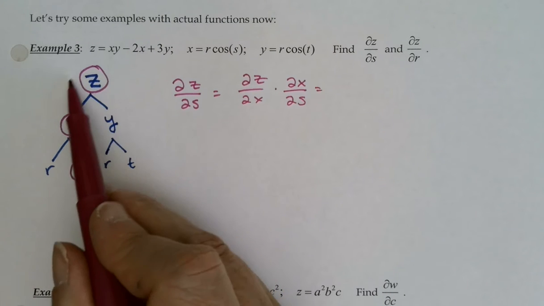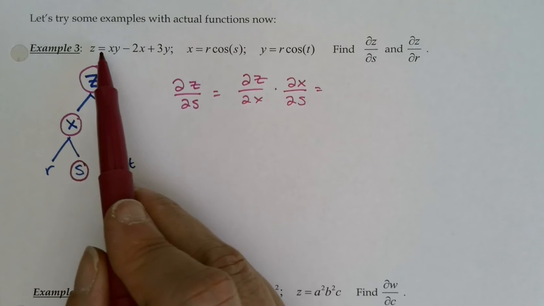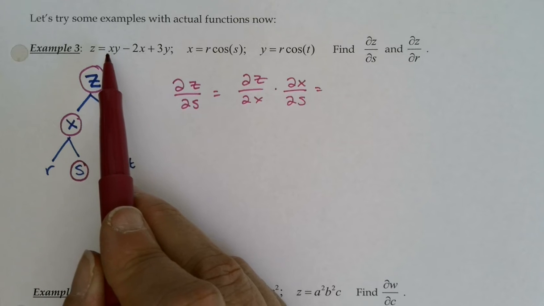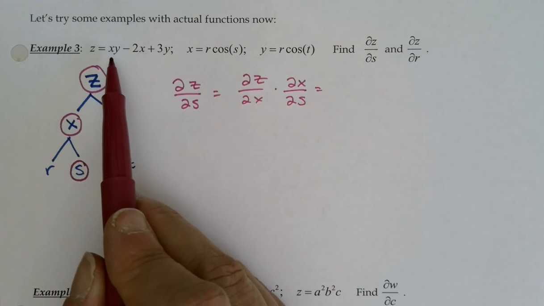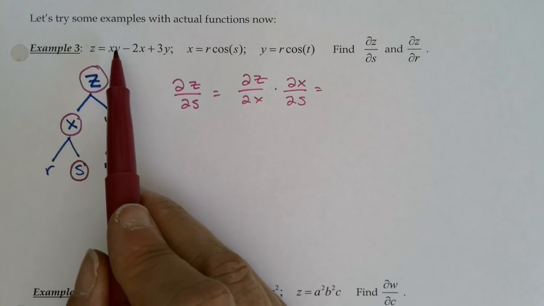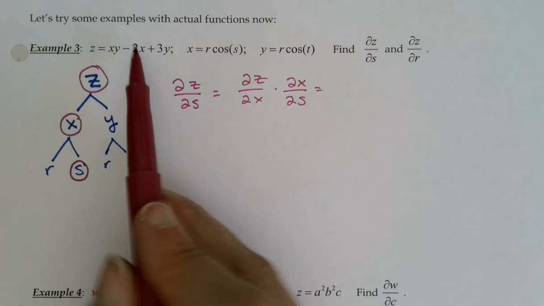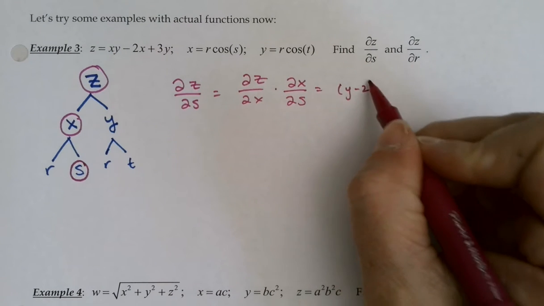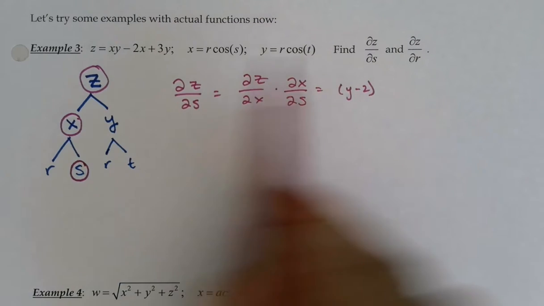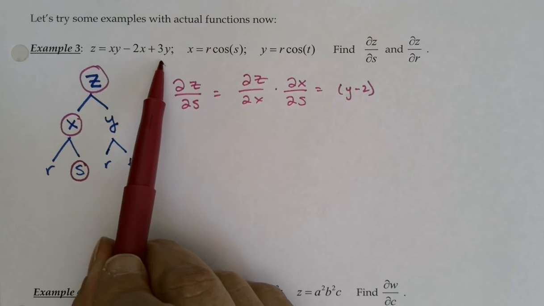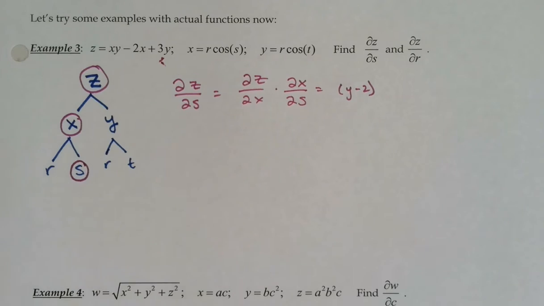Okay, so we take the derivative of z with respect to x. That's a partial derivative. So you look back up at z, pretend that the y's are constants. So then the derivative would be y, take away 2, and then plus nothing because the derivative of 3y is 0, because that's constant.